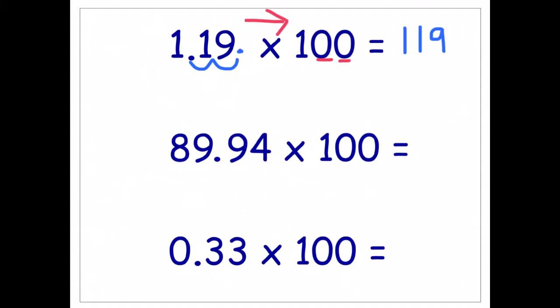Got to move that decimal point 2 places to the right. 1, 2. So your decimal point finishes up at the end. So we've got 8,994. And our final question, again your decimal point's going to the right 2 places. Once, twice. Our new answer then is just 33.